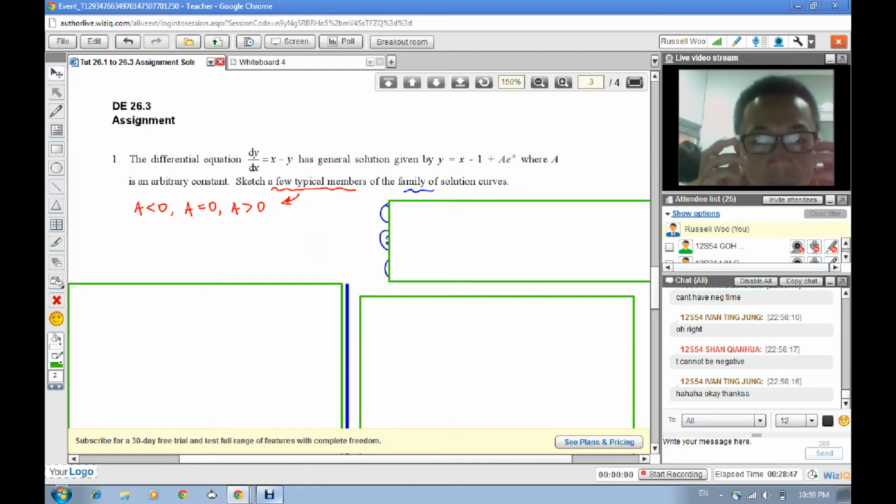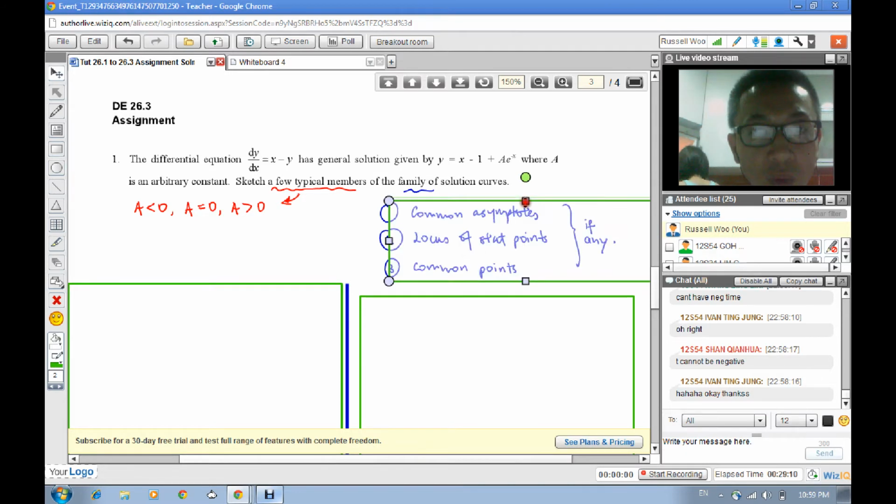Reason is very simple. What we want to do is to sketch the family of curves. We're not interested in the specific intercepts or turning points or whatever. What we are interested in are the common characteristics of all the family of solution curves, of the entire family. There are three things we need to look out for.